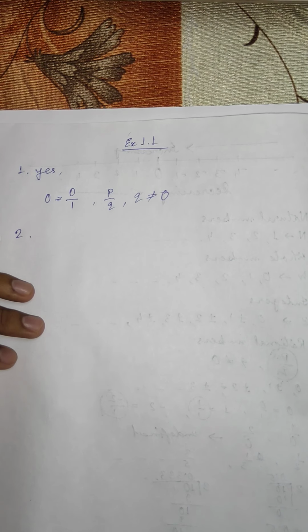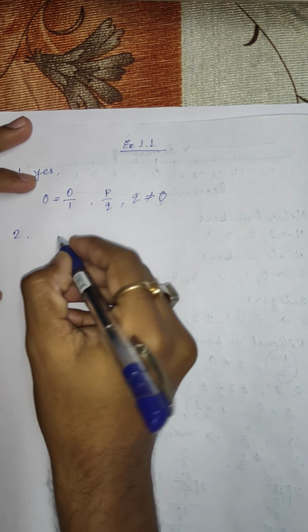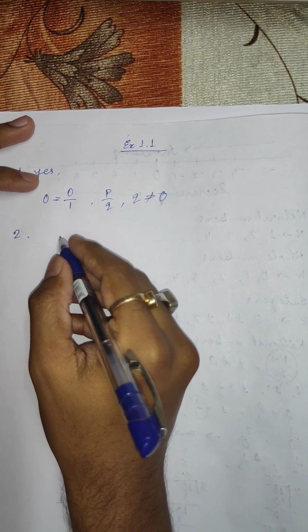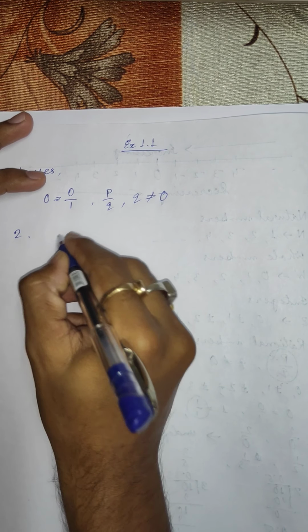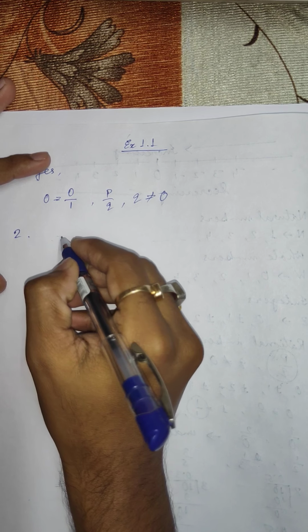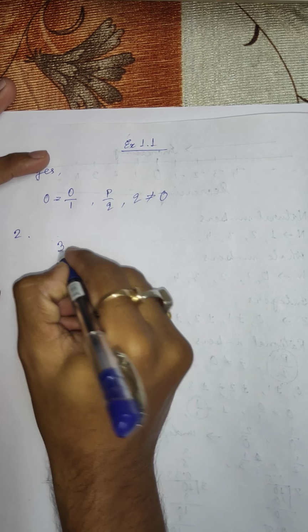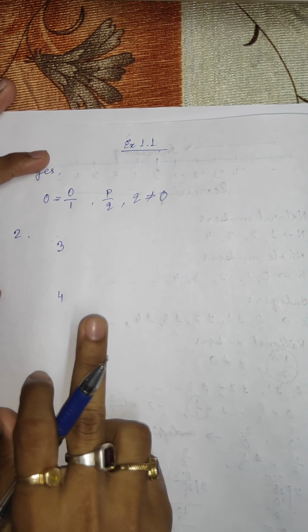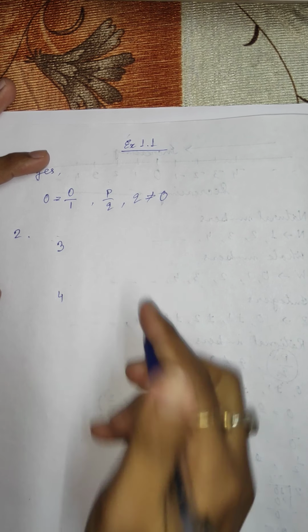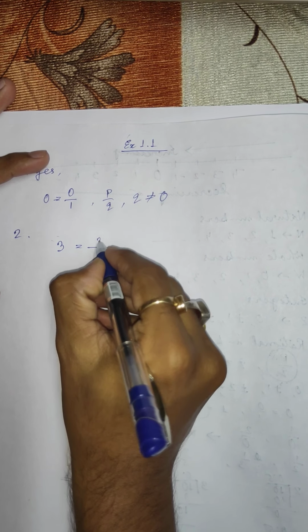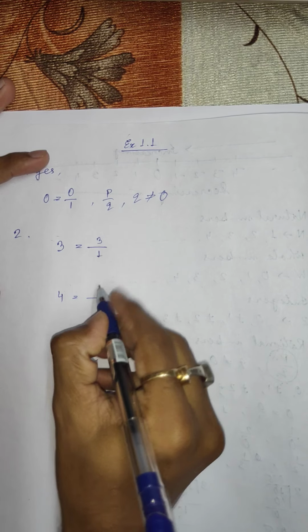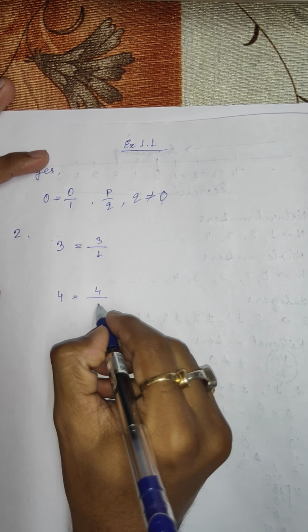Now we have to write just 6 numbers, so I am showing the simple method to find them. You can follow other methods, but here is the simple method to find rational numbers. I have written 3 and 4. We have to find the numbers between 3 and 4. So 3 we can express as 3 by 1, and 4 as 4 by 1.